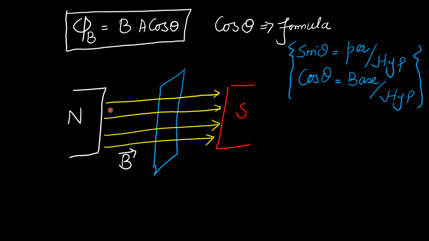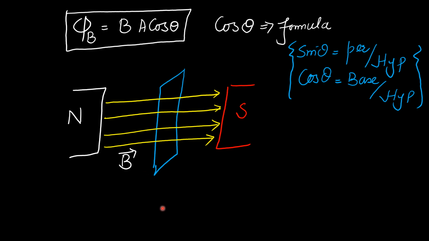However, if the angle between the area vector A, which is perpendicular to the surface, and the magnetic field B involves a cosine, then the maximum amount of magnetic field lines will pass through the surface.